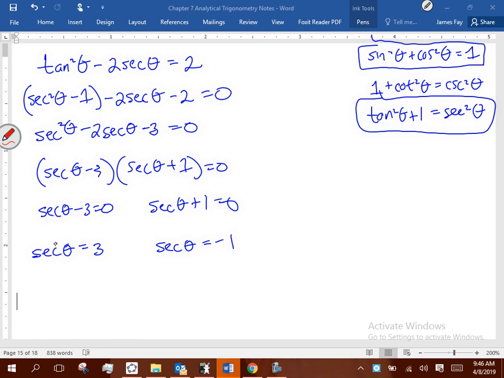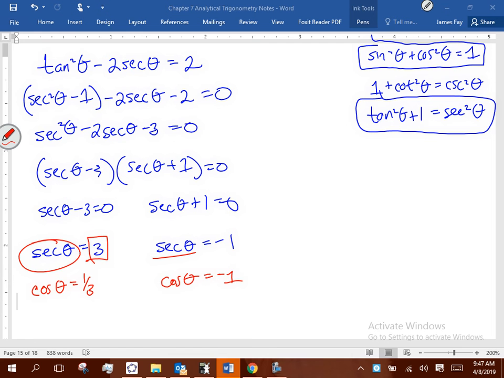Because if I take the reciprocal of this, what do I get? 1 over secant, which is the same thing as cosine, right? But if I take the reciprocal of the left-hand side, I have to take the reciprocal of the right-hand side, so it gives me 1/3. Same thing over here. Cosine theta, reciprocal of negative 1, still negative 1. That might be one of the few instances of taking the reciprocal of both sides of an equation that generates something productive, something useful for us.